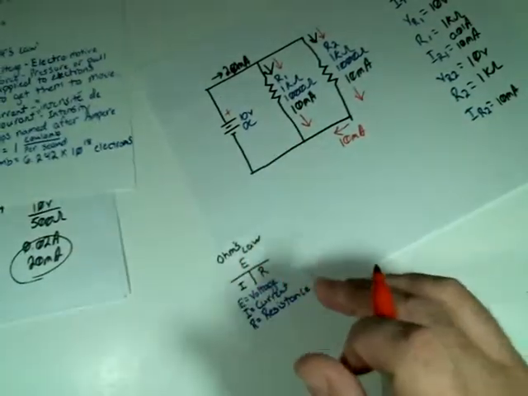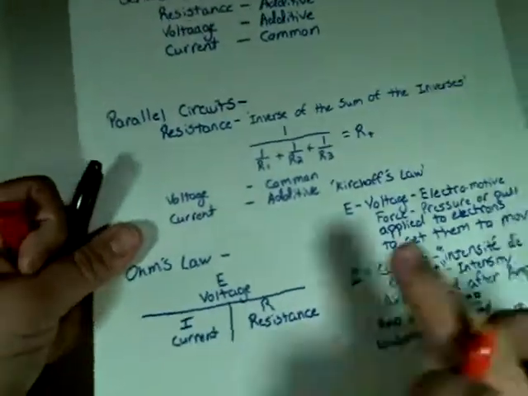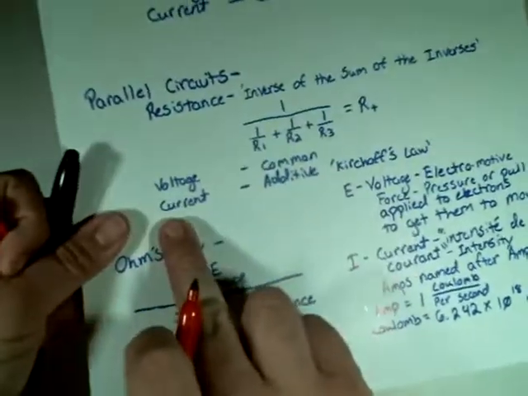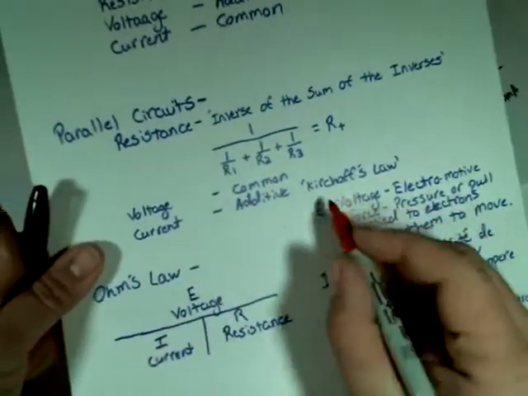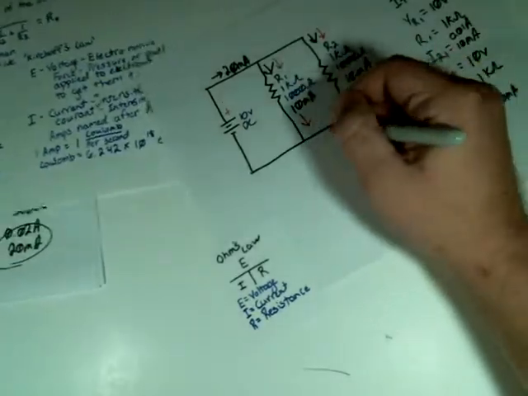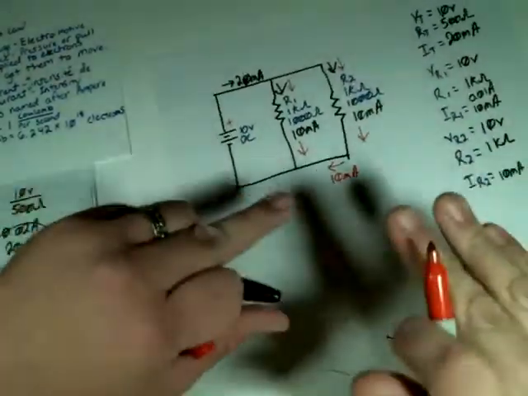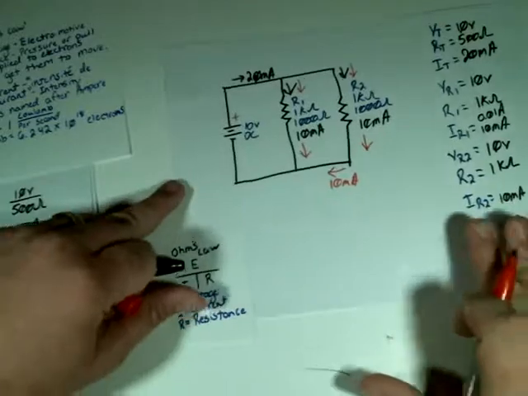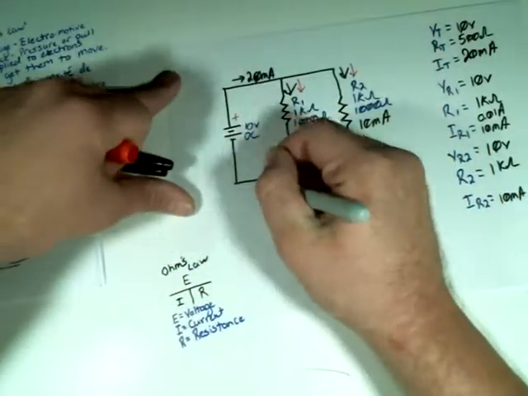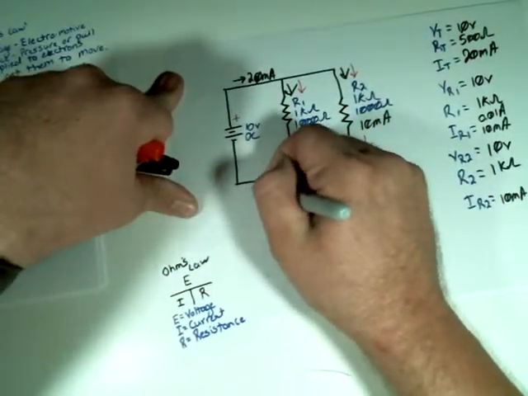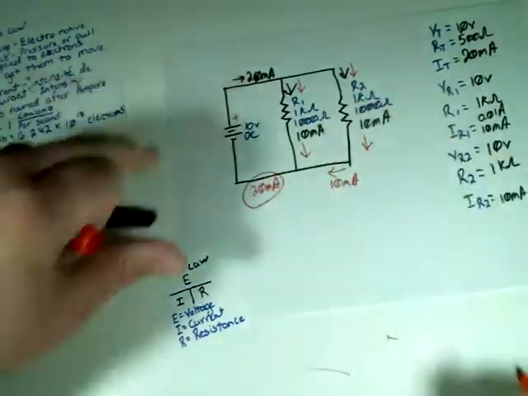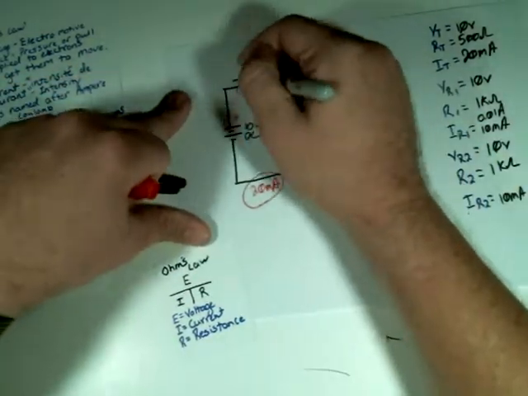And then we have, remember from this chart, current in parallel circuits. Current is additive, and that's called Kirchhoff's law. And then I have 10 milliamps going this way, 10 milliamps coming this way, and then they add up to each other right here and give me 20 milliamps.